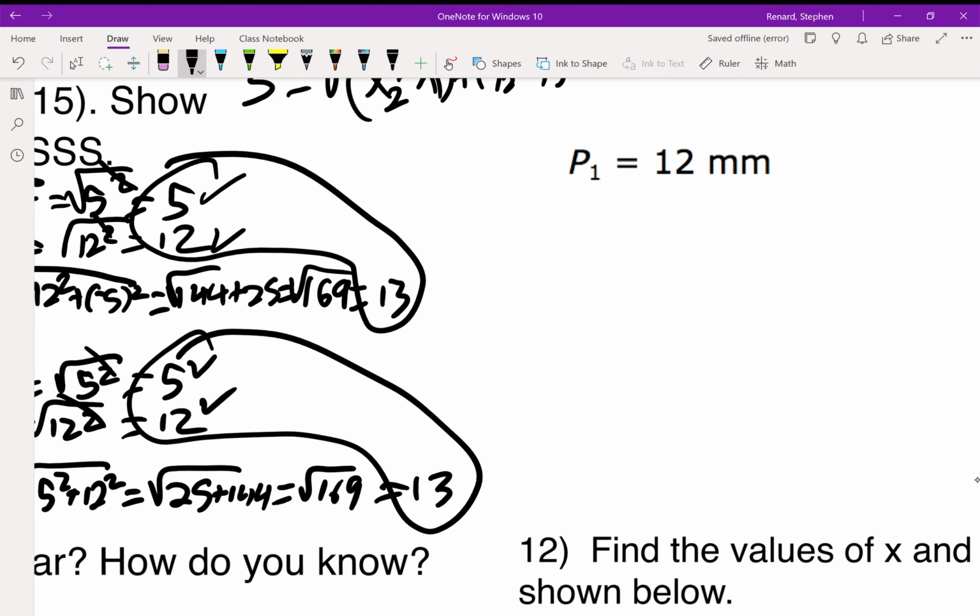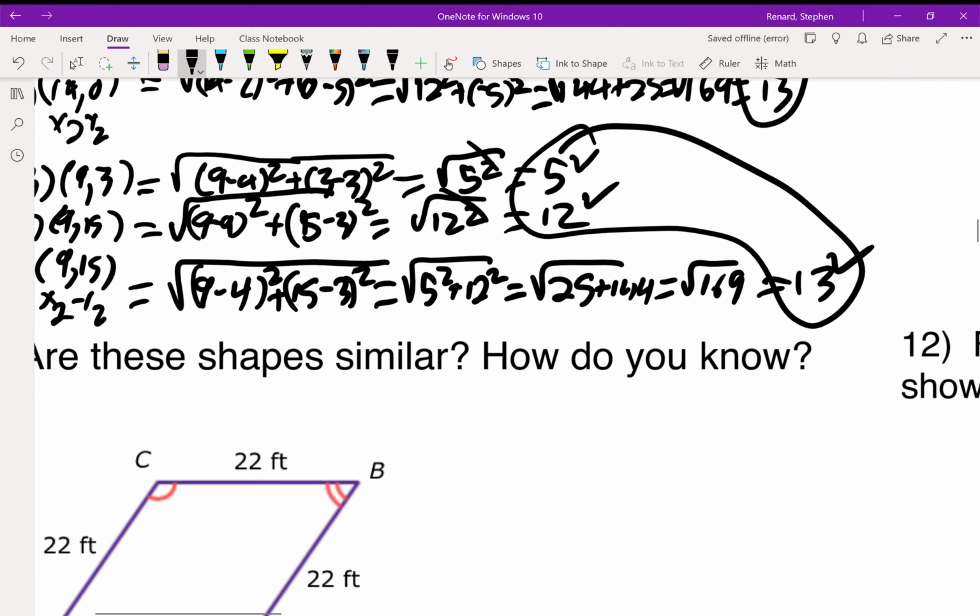So what we just did was we found the length of all three sides and showed by our math skills that they are indeed side congruent.